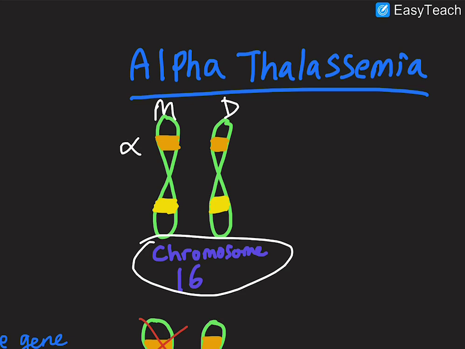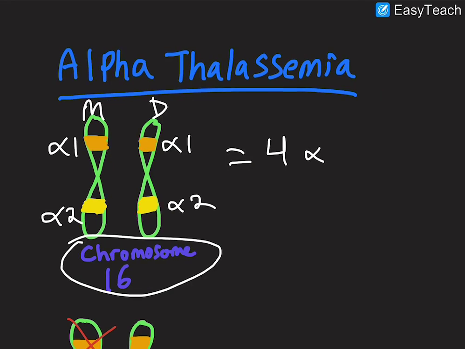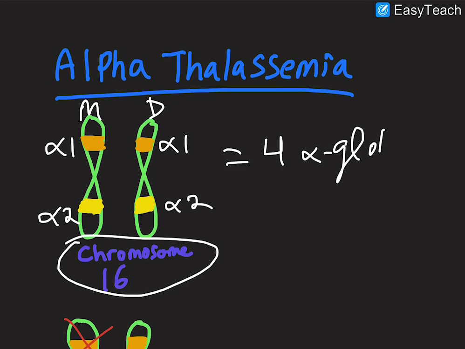We'll label these as the alpha 1 gene and alpha 2 gene, and they both code for the alpha globin chain. From dad's chromosome, same thing, alpha 1, alpha 2. So that means we have four genes that code for the alpha globin chain.